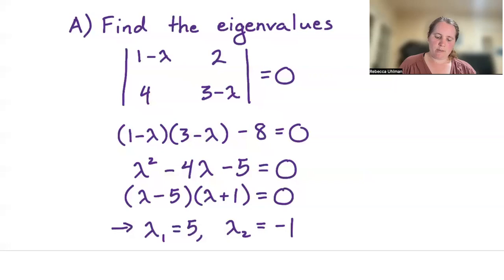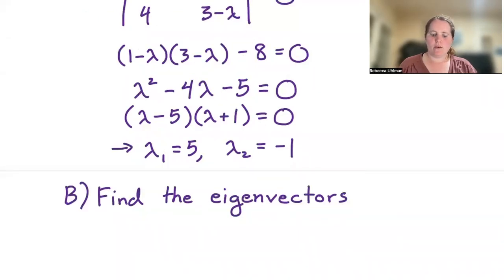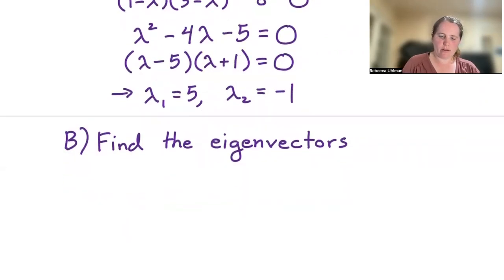Our next step is to go ahead and find the eigenvectors. So for finding our eigenvectors, let's first work with lambda 1 equaling 5.